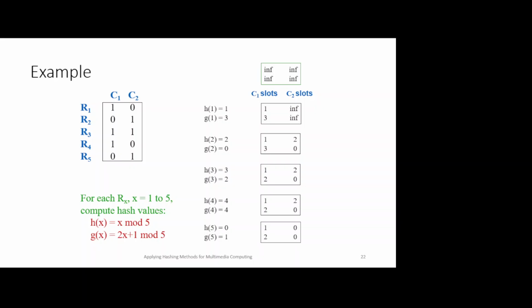For each row, x from 1 to 5, we compute the hash values according to the hash functions. From the first row, x will be 1. We compute h1 with x equal to 1, which is x mod 5, so the hash value is 1.